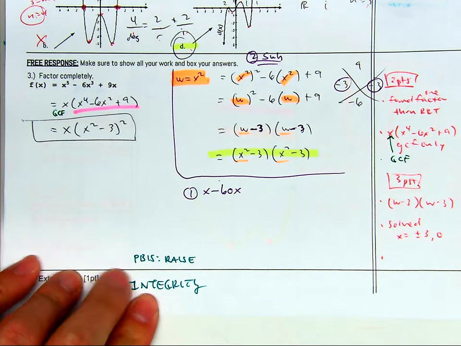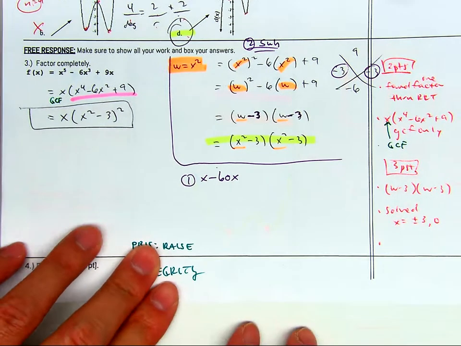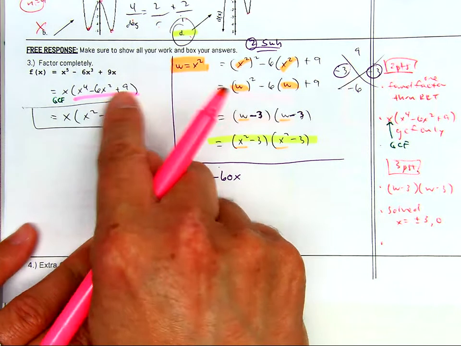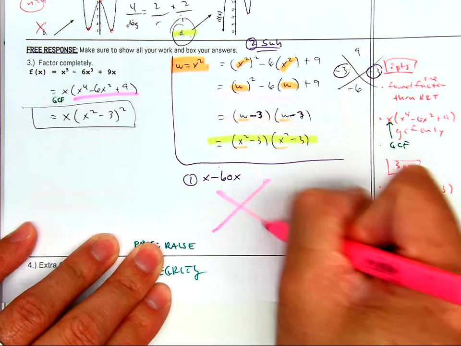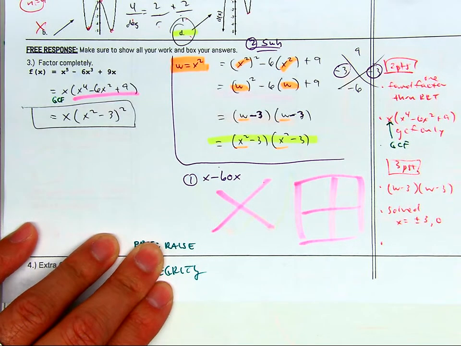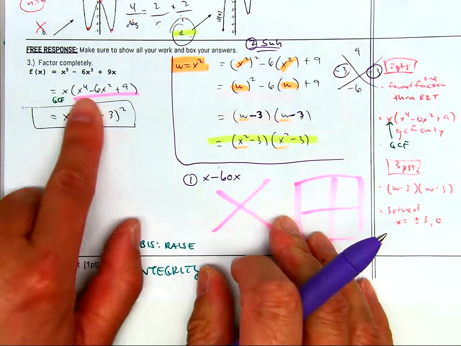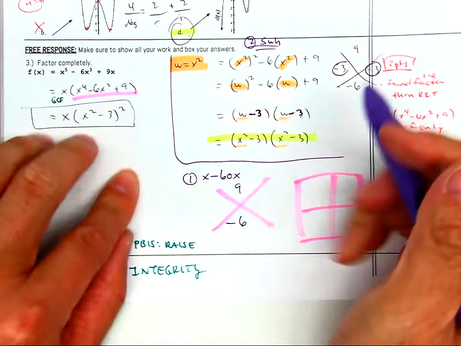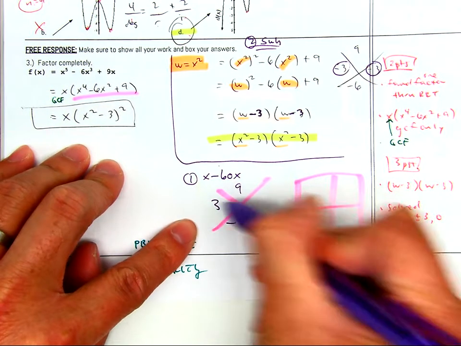Let me show you this problem in a different way by using X box. So in pink, here's my x and here's my box. A times c is 9. My b value is negative 6. So my values are going to be 3 and negative 3.